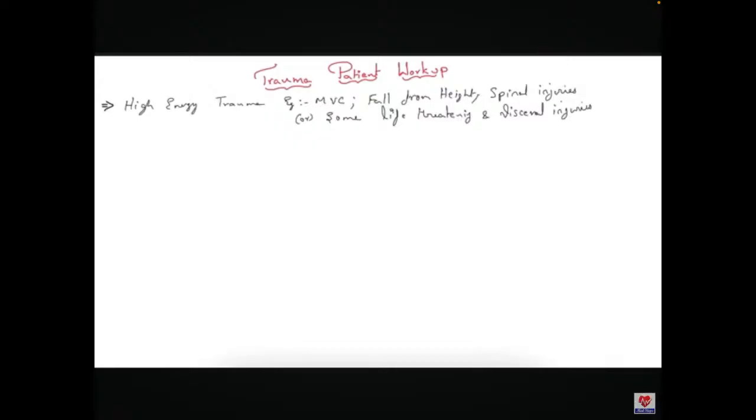Okay, so mostly what are the things we can see when a patient comes to you? What are the clinical features? First, local swelling, tenderness, and if there are any fractures, deformity of the limbs or extremities. In some older people we can see instability of the pelvis or spine.